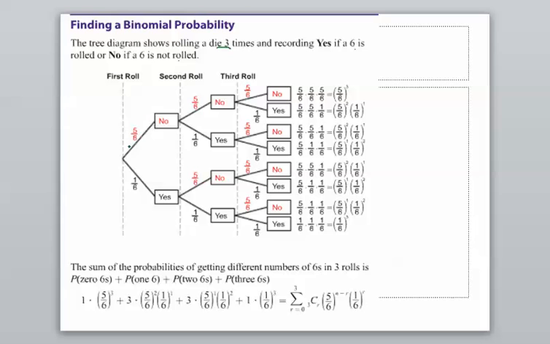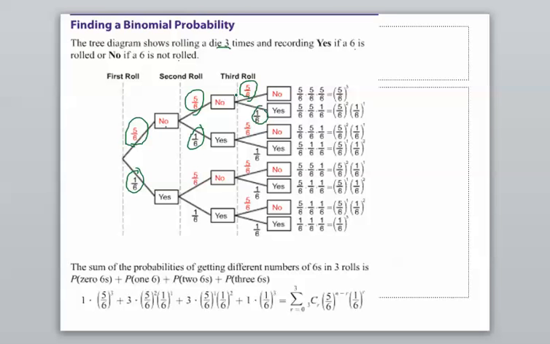The first time you roll it, the probability of getting a 6 is 1 out of 6, and the probability of not getting a 6 is 5 out of 6. The next time you roll it, still 1 out of 6, 5 out of 6. The next time, still 1 out of 6, 5 out of 6.